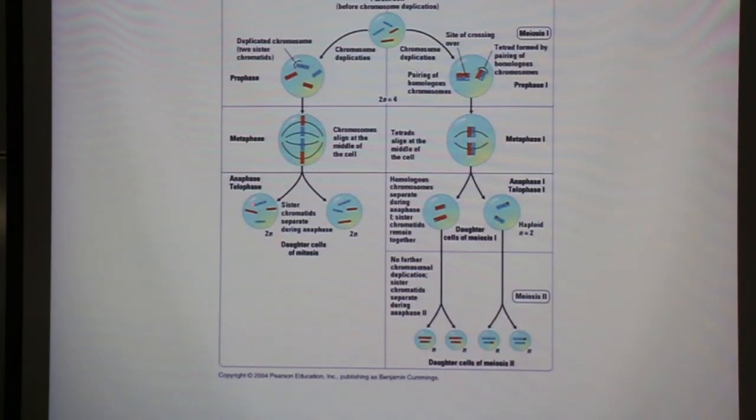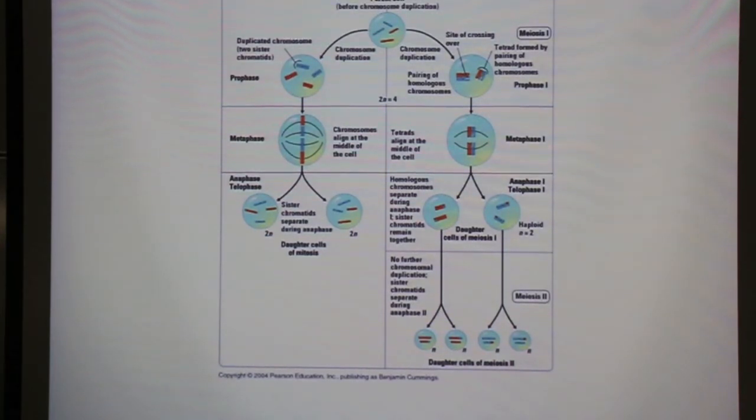During anaphase of mitosis, the sister chromatids separate and you end up with 2 diploid cells. During anaphase 1, what ends up happening is the sister chromatids remain connected and they separate, but they separate while they're connected, meaning that you end up with a duplicated chromosome in separate spots, but they still remain attached.